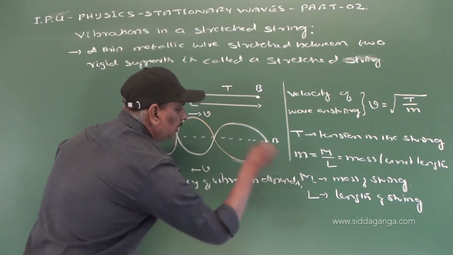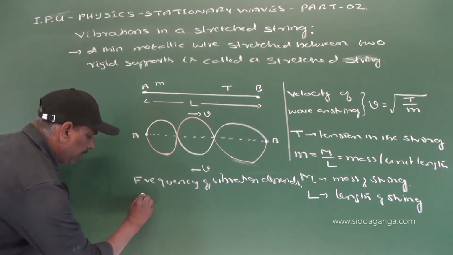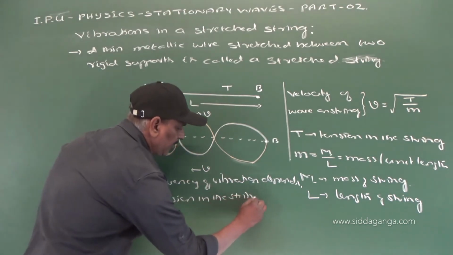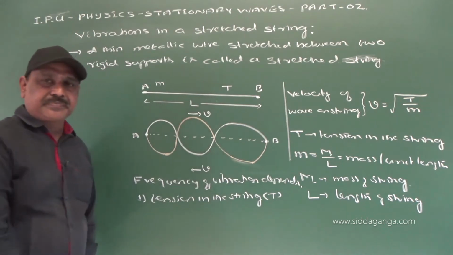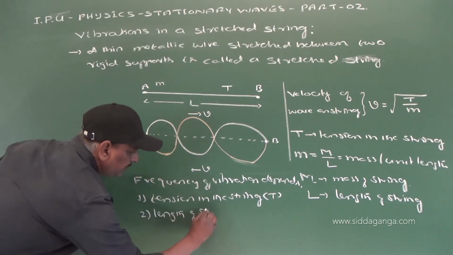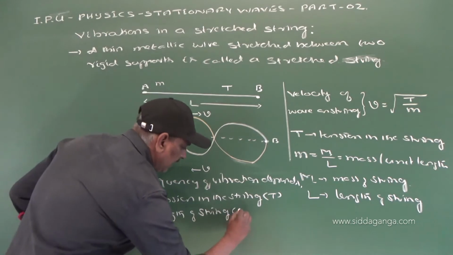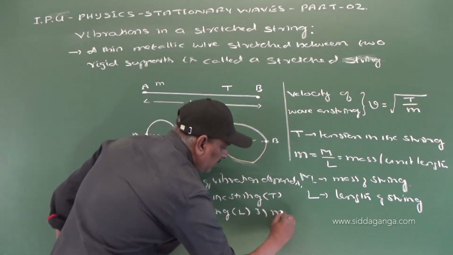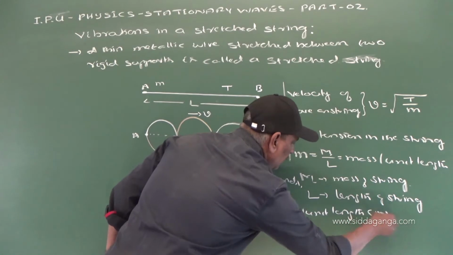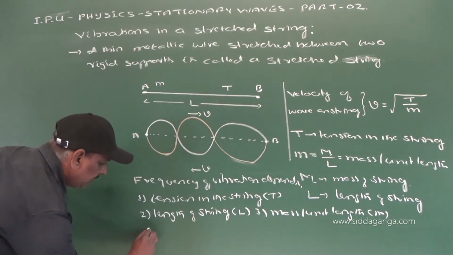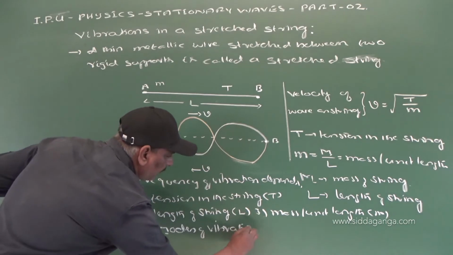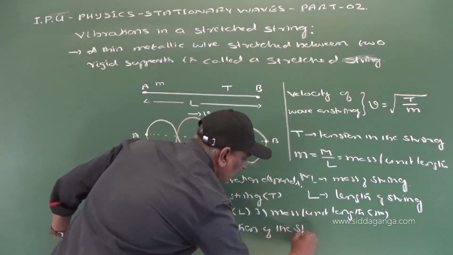Now, when it begins to vibrate, the frequency of vibration depends on, number one, tension in the string T, number two, length of string L, number three, mass per unit length, small m, and the most important thing is the modes of vibration of the string.